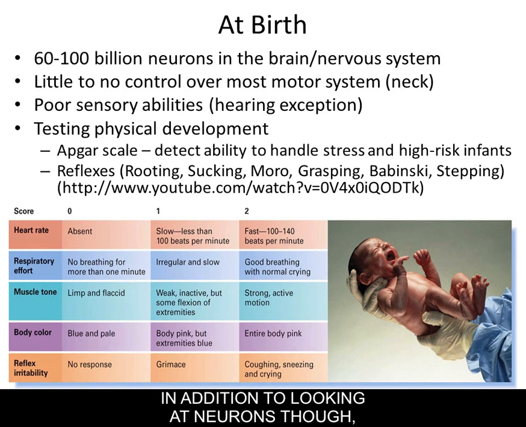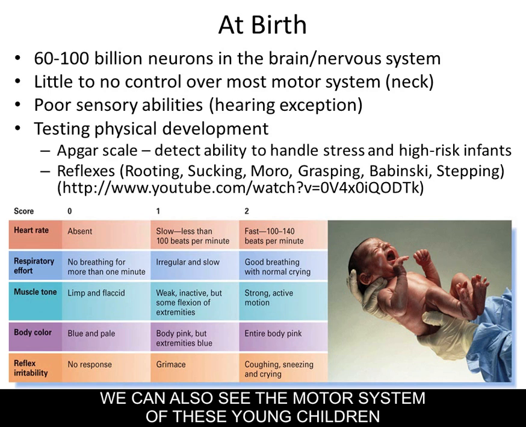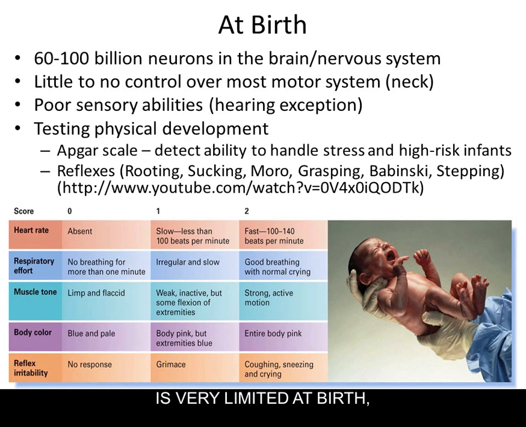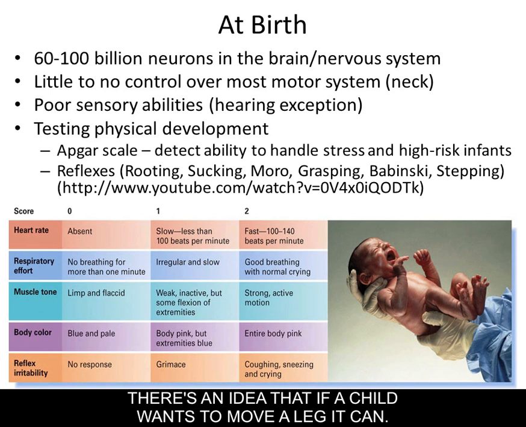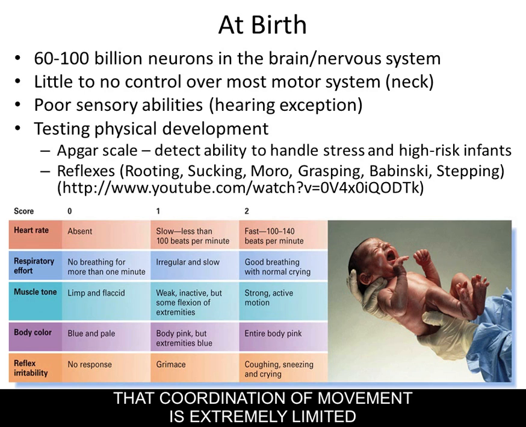In addition to looking at neurons, though, what we can also see is that the motor system of these young children is very limited at birth. In fact, even though there's some coordination of movement, there's an idea that if a child wants to move a leg, it can. That coordination of movement is extremely limited.